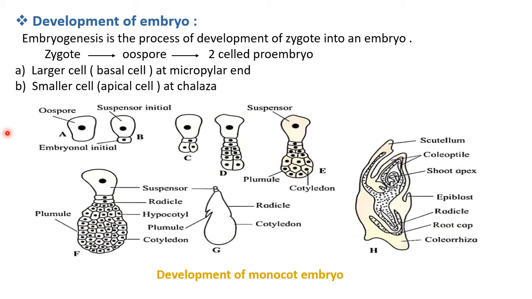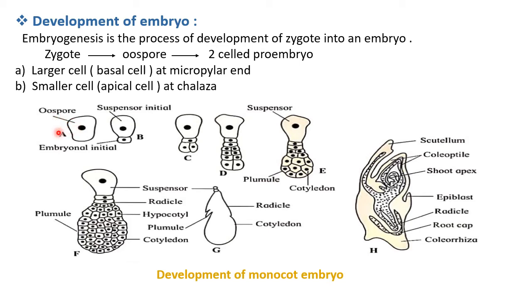In the diagram, we see development of monocot embryo. In the A diagram, we see oospore. Oospore means the zygote develops a wall around itself. Hence, it is called oospore.